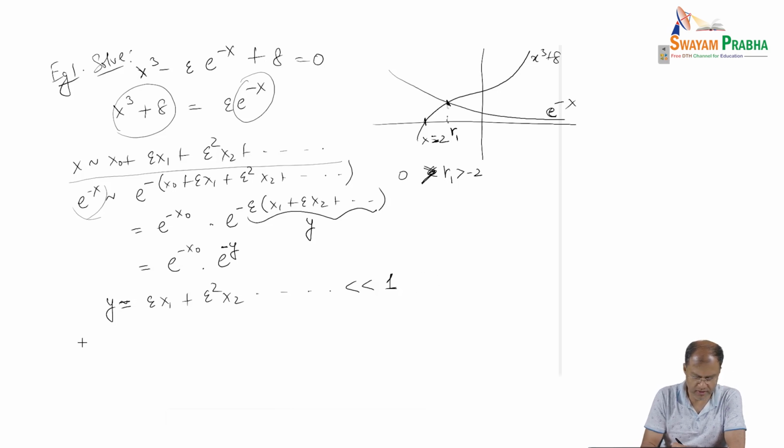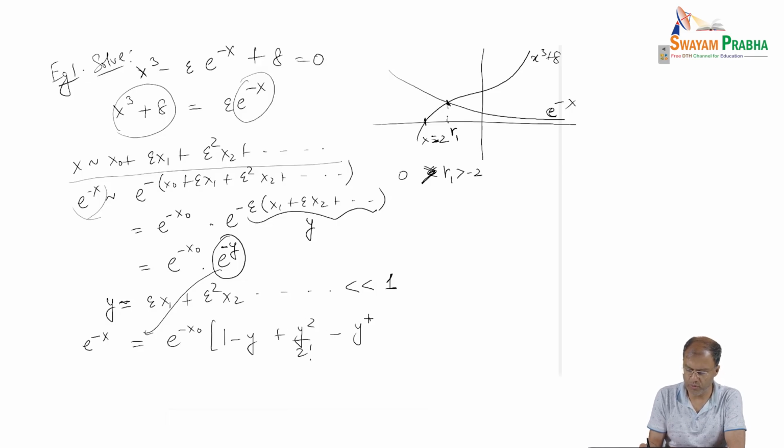So what we have is that e to the power minus x comes out to be, again notice that if we are going to expand e to the power minus y, this is e to the power minus x0 times 1 minus y plus y squared by 2 factorial minus y cubed by 3 factorial and so on and so forth.